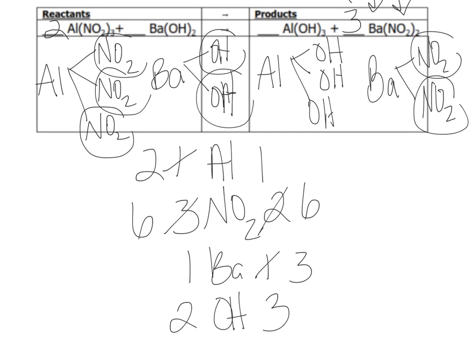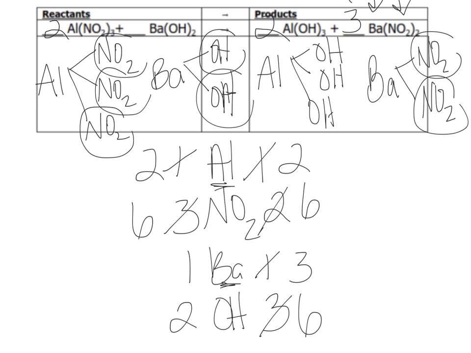Well, it looks like I better fix Al real quick, because now there are 2 on the reactant side, and there's only 1 on the product. So we'll put a 2 in front of AlOH3. So now I have 2 Als and 6 OHs. I'm going to fix Ba next. Product has 3.